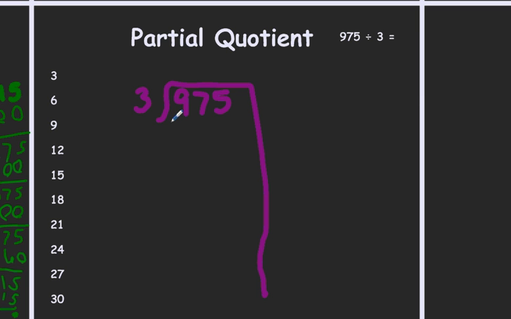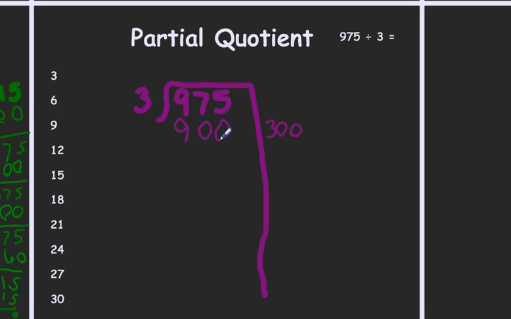If I look at 9, 9 is a multiple of 3, and 3 times 3 is 9. So I can do 3 here, but that only gives me 3. So I'm going to have to move it over 2 spaces. So I'm going to make it 300. So now 3 times 300 is 900.